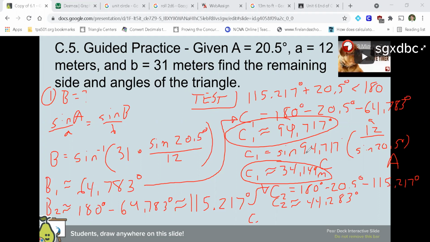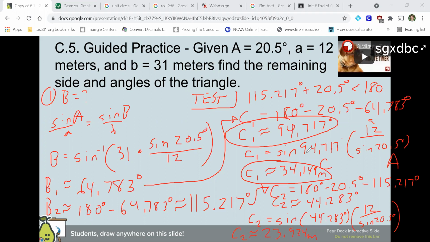And then side C would be the sine of C, 44.283 degrees, multiplied by A sine divided by the sine of A. Do that. You get 23.924 meters.